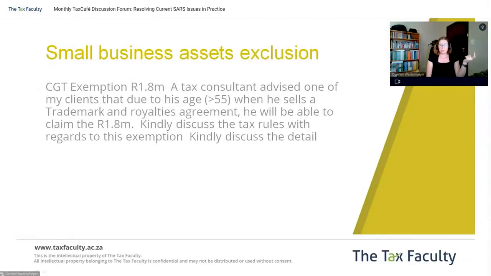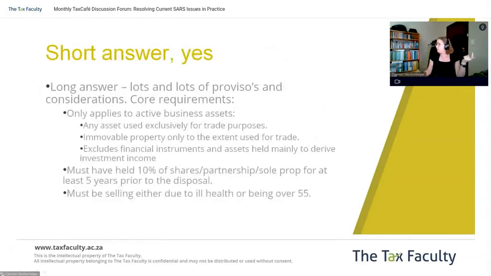Trademarks and royalties agreements. Now, trademarks would very much qualify as an asset, and if you're actually getting royalty off them, they would definitely qualify for the definition of an active business asset.